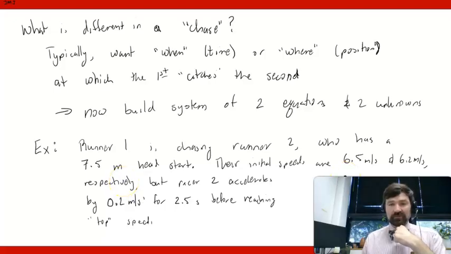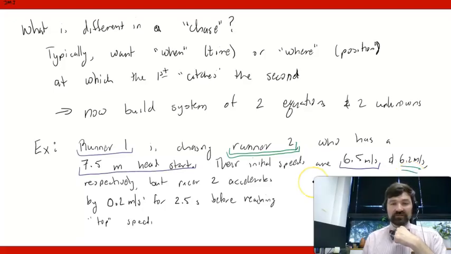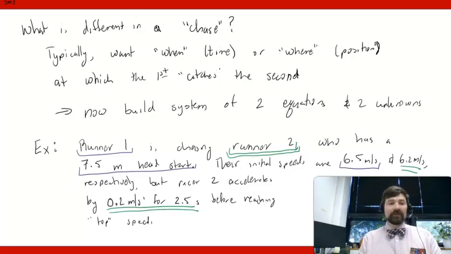Essentially, we have runner 1 who has this initial speed and some head start. I'm actually now going to include the head start as runner 1 information rather than runner 2 information. And then runner 2, who I'll again do in green, I'll double underline it here. You've got 6.2 meters per second and then also this acceleration.